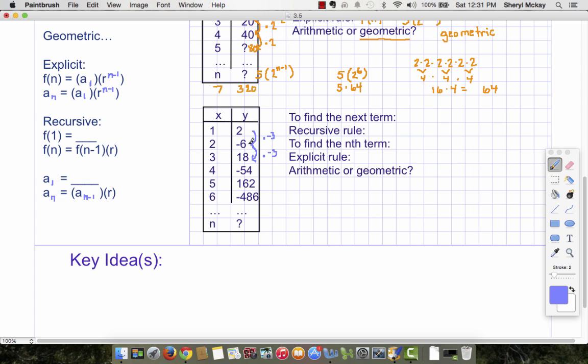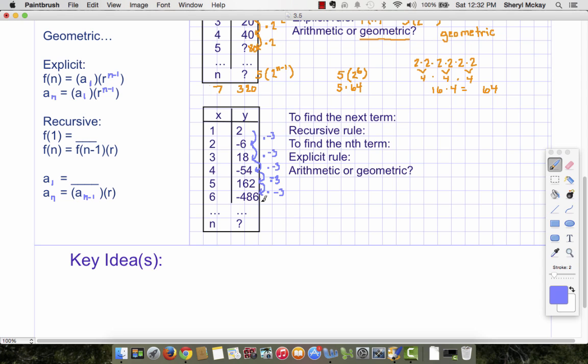So negative 6 times negative 3, oh, that gives me a positive 18. And then 18 times a negative 3 would give me negative 54. And negative 54 times a negative 3 would give me a positive 162. Multiply 162 times negative 3, and that should give me negative 486.